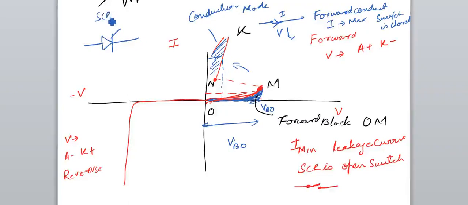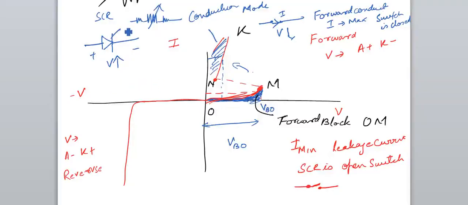Increase the source voltage in such a way that it breaks down this voltage, and then it should break the resistance offered in the forward condition, and the current can flow.